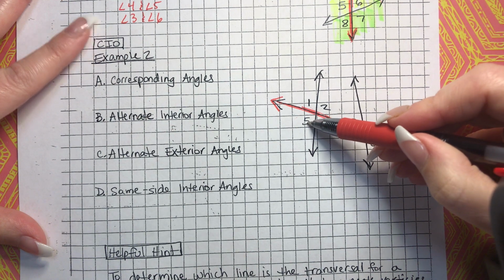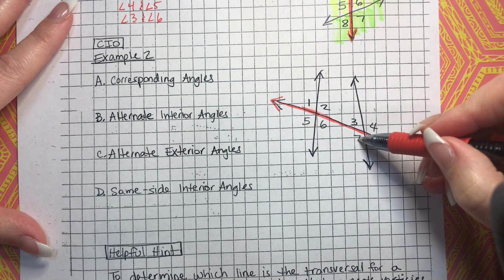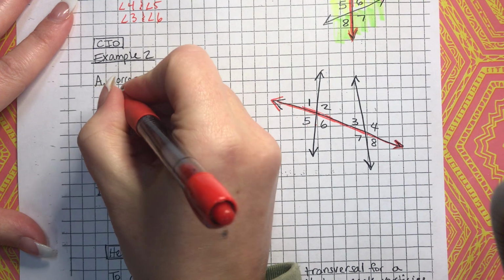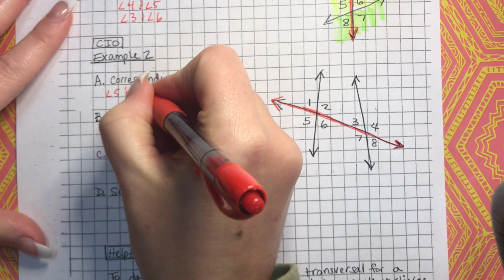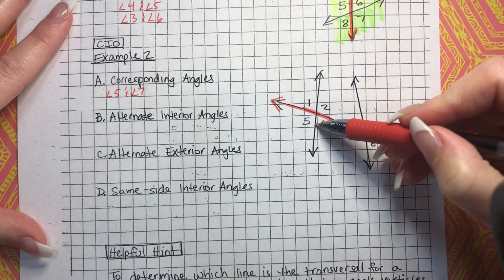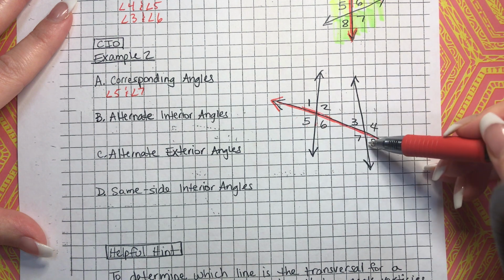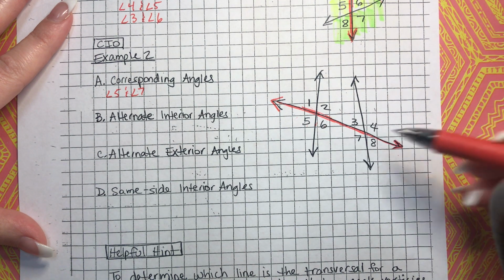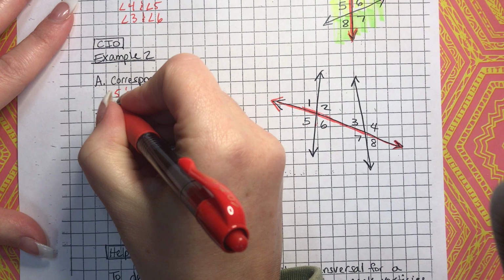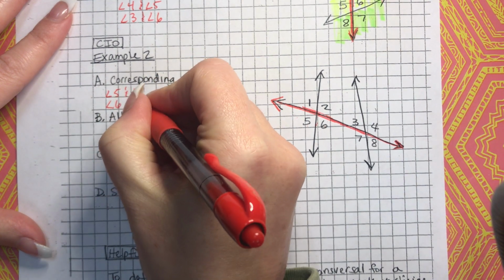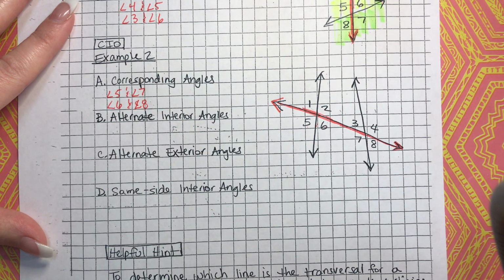So this is the left side, angle 5, and this is the left side, angle 7. So those are both corresponding angles. And then I'm going to look at the right side of this line, which would be 6, and the right side of this line would be 8. So 6 and 8 are also corresponding angles.